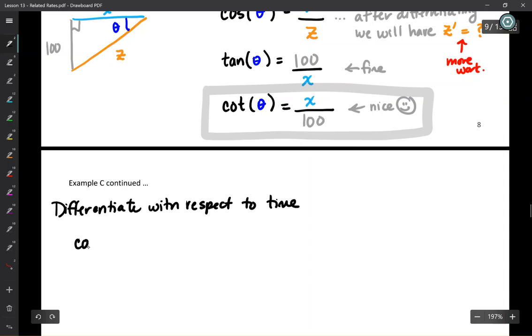So I've got cotangent of theta, and I'm going to take the derivative with respect to time of the left-hand side, which is equal to the derivative with respect to time of the right-hand side, and the right-hand side is x all over 100.